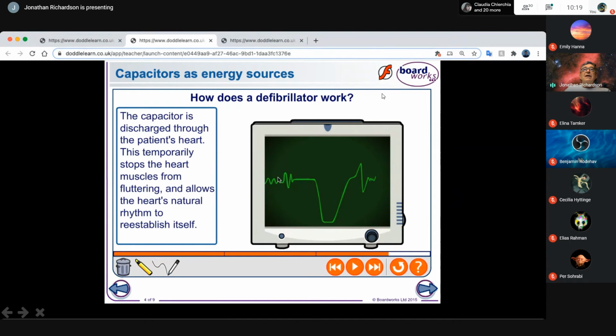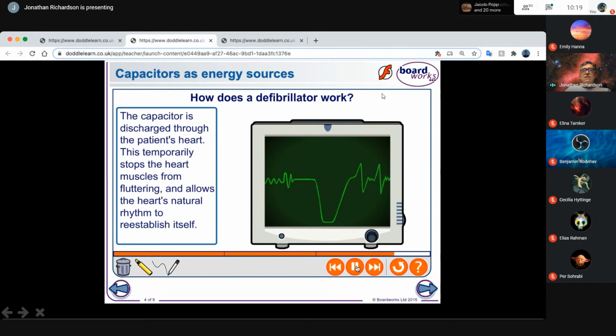And this takes place when your heart has had a heart attack, maybe you've had a stroke, or something has happened which has caused the heart muscles to stop beating regularly. You then stop that completely by applying a massive jolt of energy, and then hopefully the heart resets itself and starts on its regular motion.